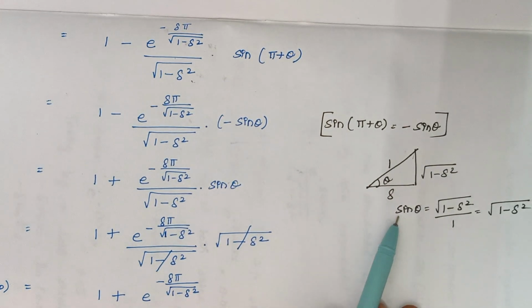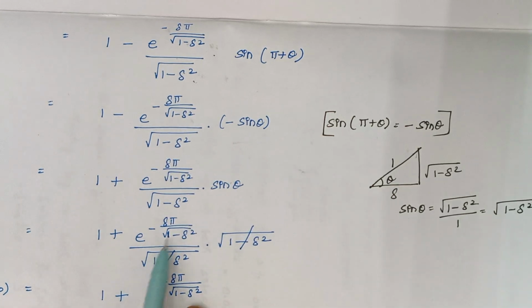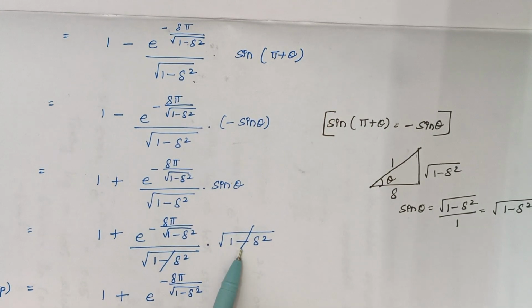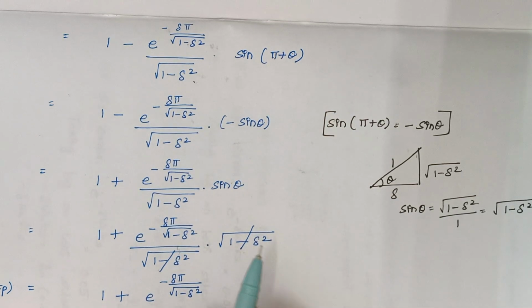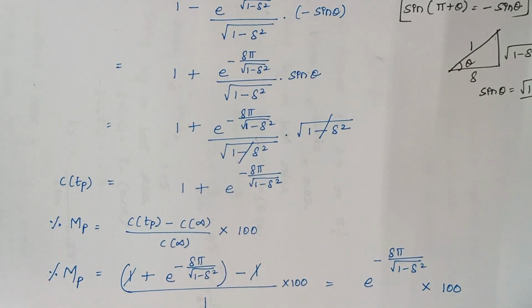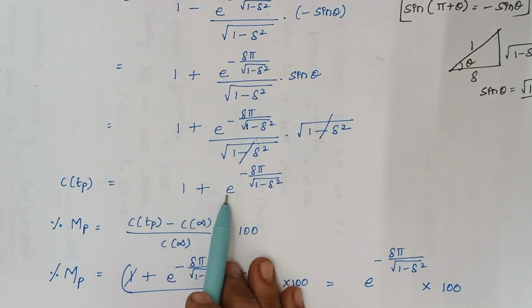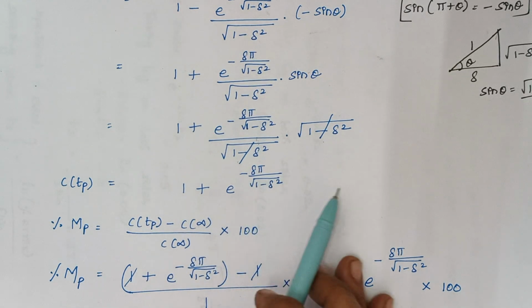Now I am replacing sine theta with root of 1 minus zeta square. The square root of this term and this term cancel each other, and finally our expression becomes C of Tp equal to 1 plus e power minus zeta pi by root of 1 minus zeta square.